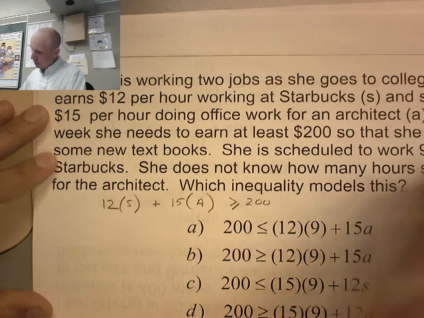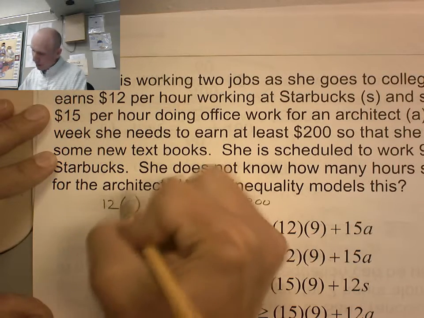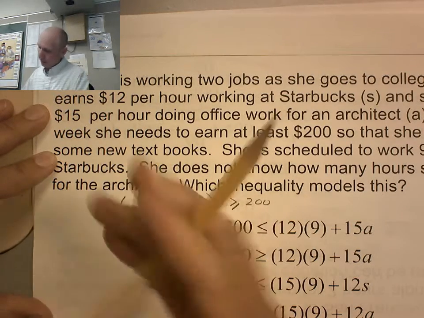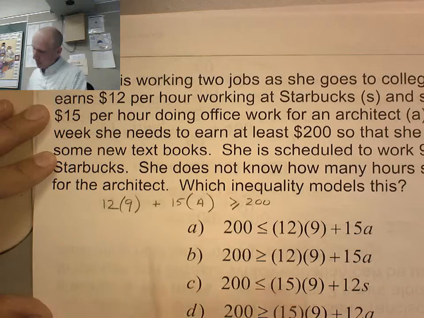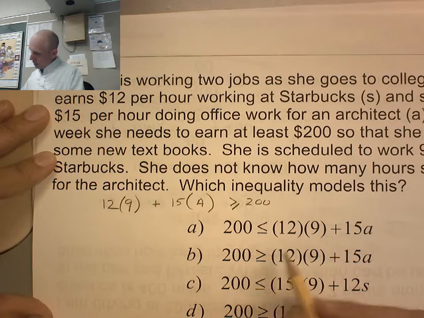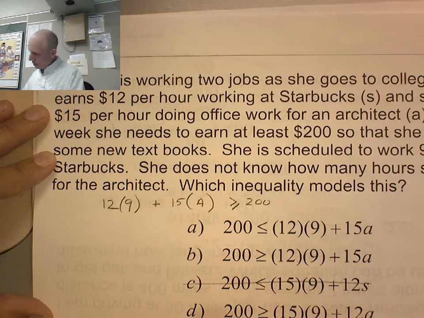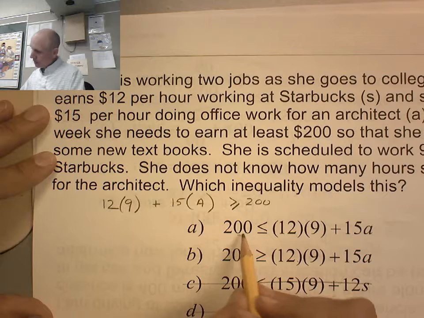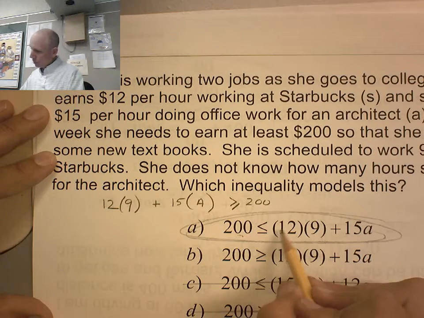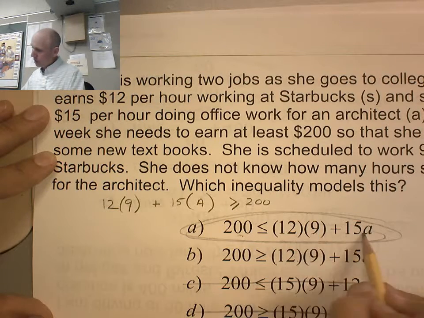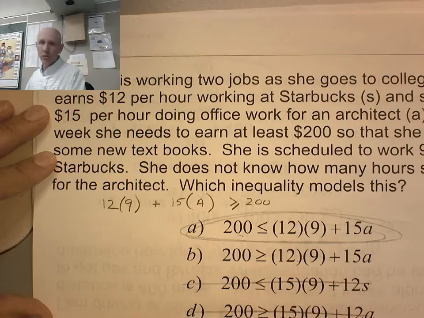And she's going to work 9 hours at Starbucks, so we can turn Starbucks into a 9. Let's match it up. So 12 times 9. Okay, it's not these two. And I want to be earning more than $200, so it's this one right here. 12 times 9, there's Starbucks, plus the architect has to be greater than the 200. That looks good. That was number 8.